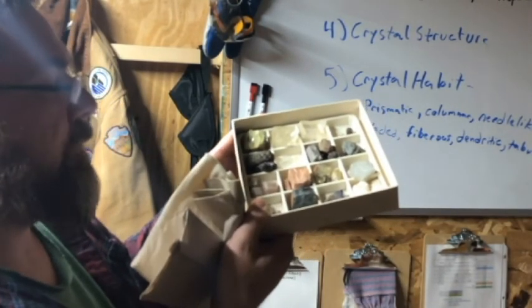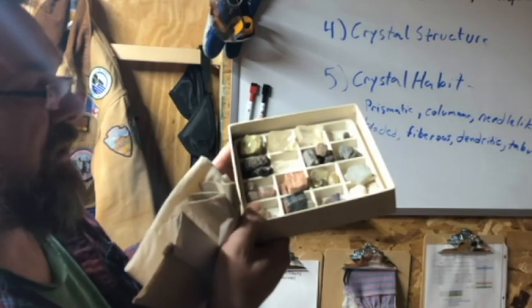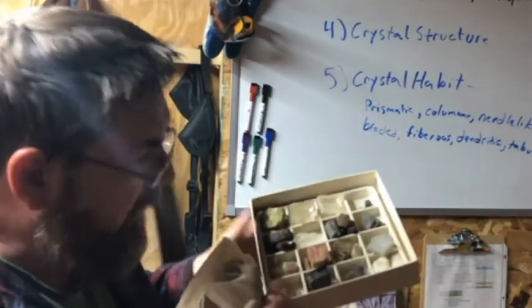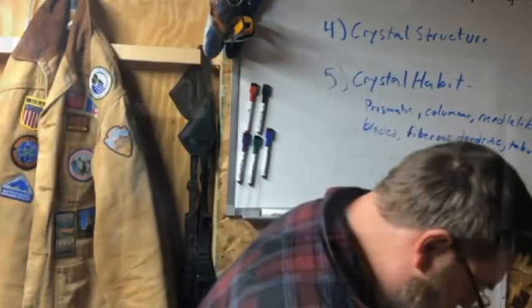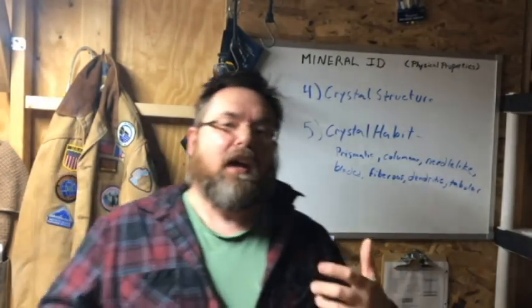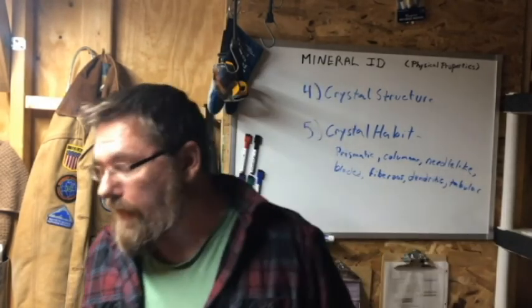I will do that at some point in the future, just on my channel in general, probably. So let's put that down. If your teacher has sets like that, they can show you the minerals and go through the systems with you in detail and all that stuff.